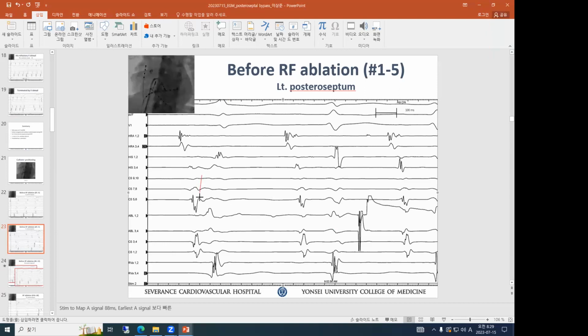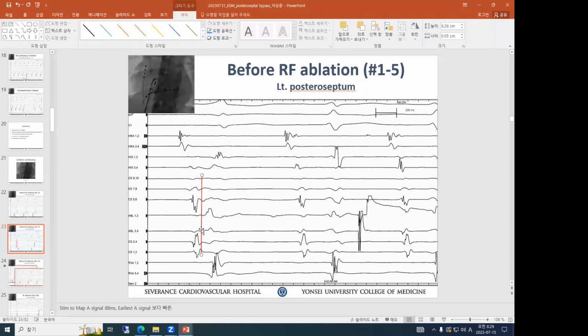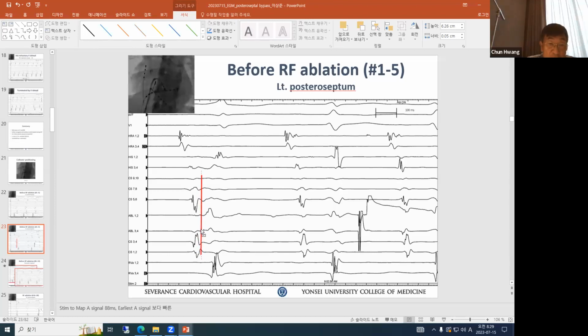But certainly you had a very close ventricular insertion looks like. 왜냐면은 very small A, big V, right? Okay. Pretty good. All right.